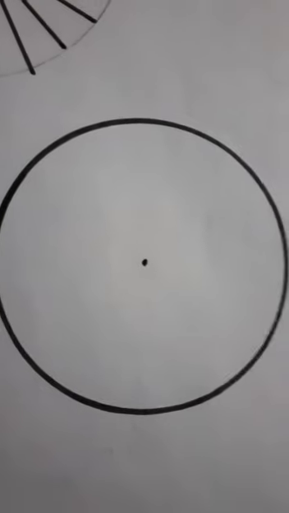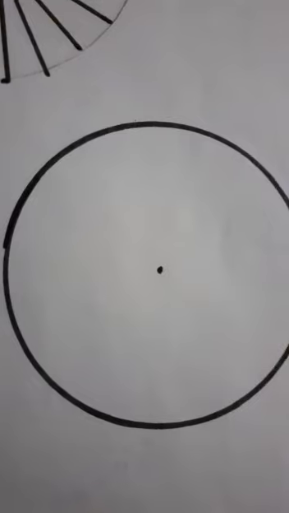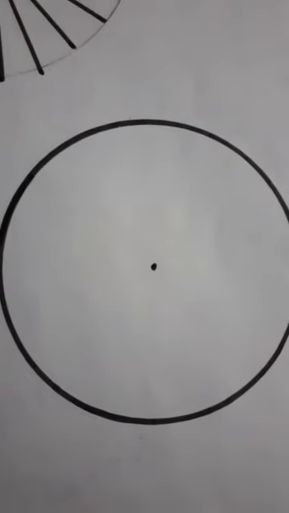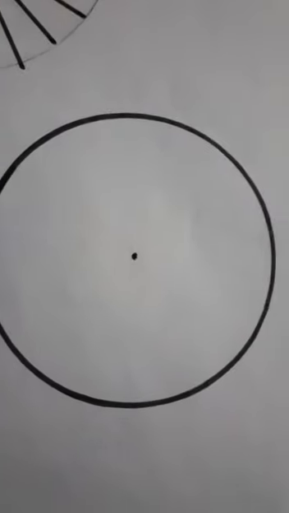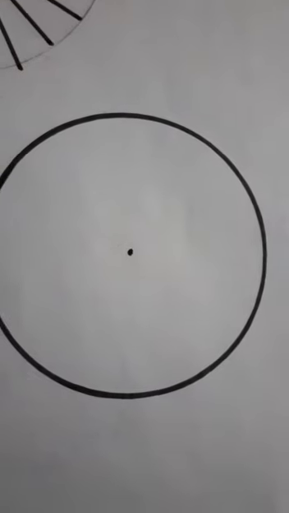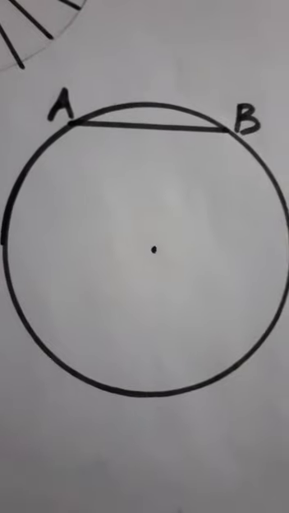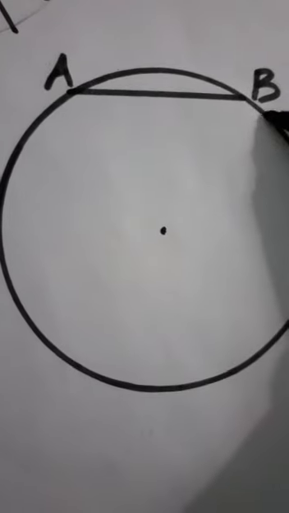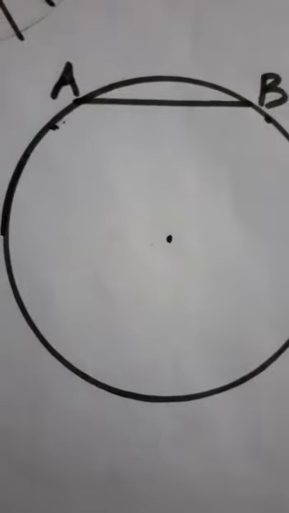Now look here, children. What is the third part? The third part is the chord. Chord is nothing but joining any 2 points on the circle. Take one point here and one point here, and join the 2 points. AB is a chord. In the same way, take one point here and one point here and join these two.